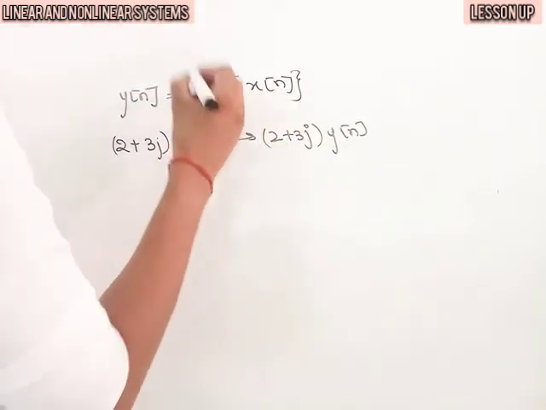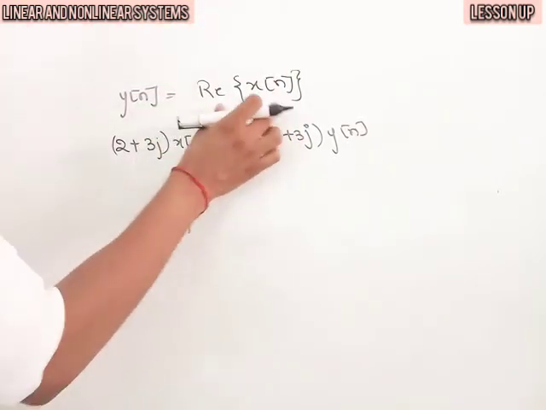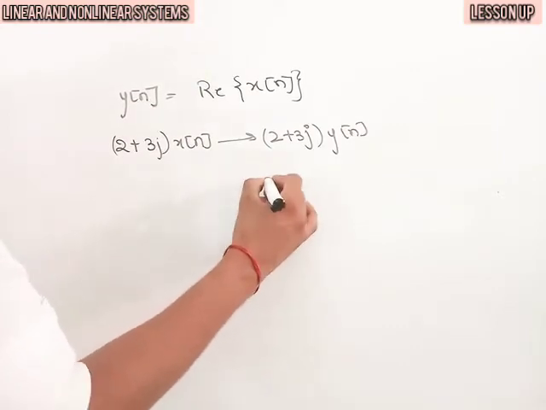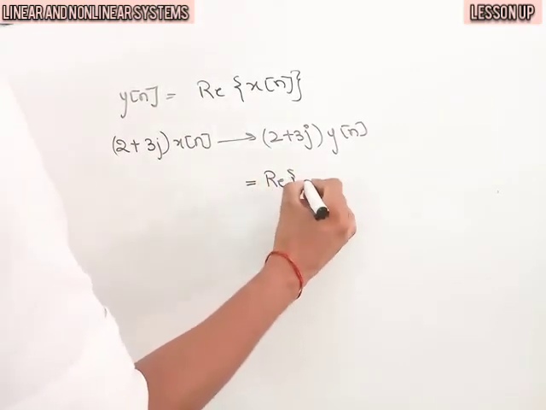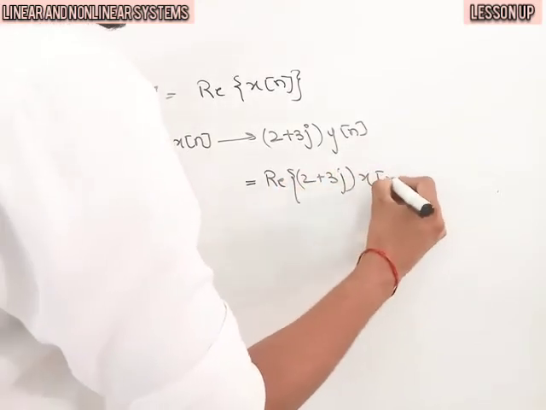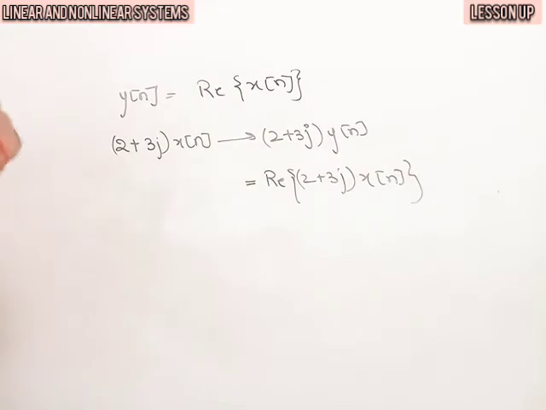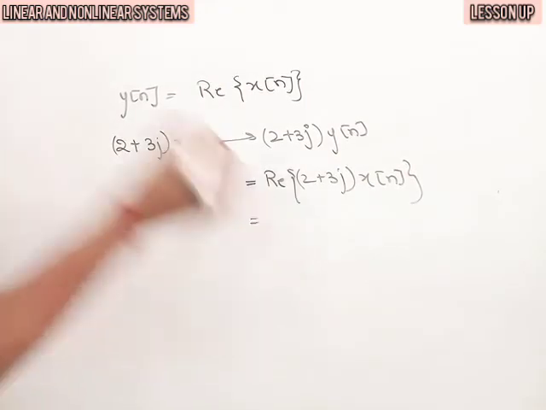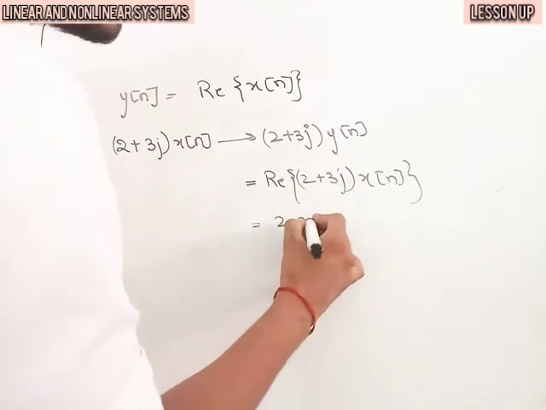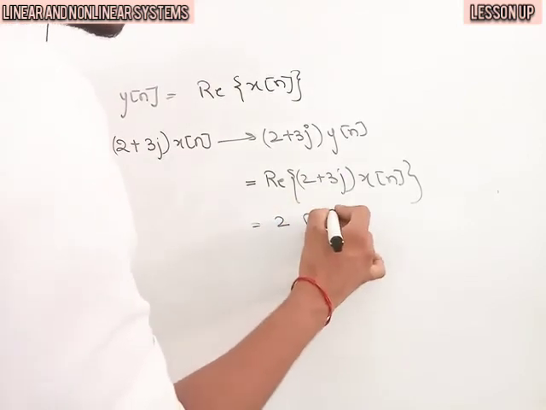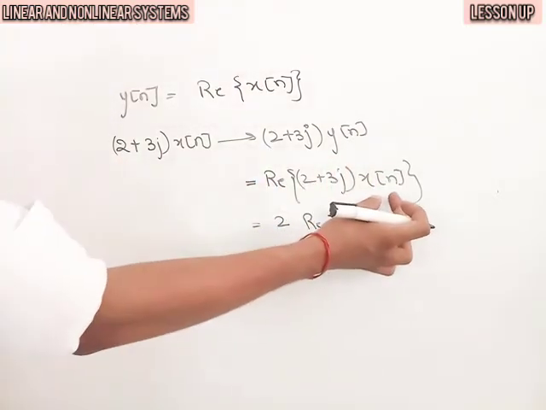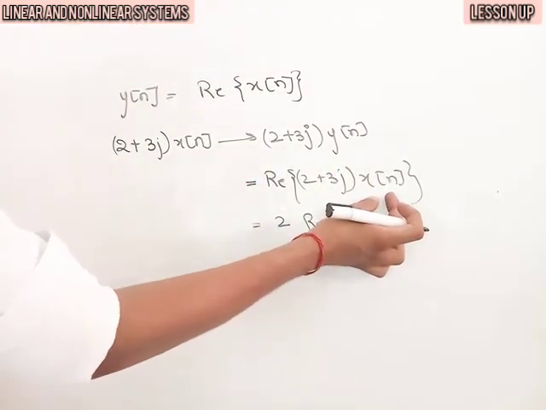According to this equation, our output should be equal to the real term of 2 plus 3j x of n. If we take only the real term, we will get 2 times the real term of x of n, because we do not know whether this contains any conjugate part or not.